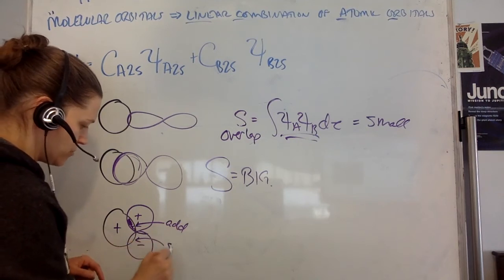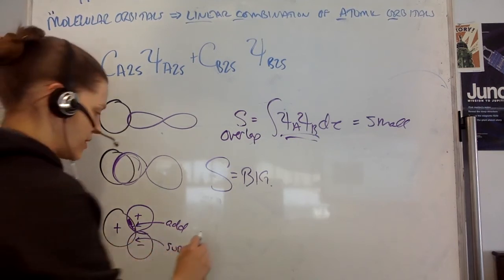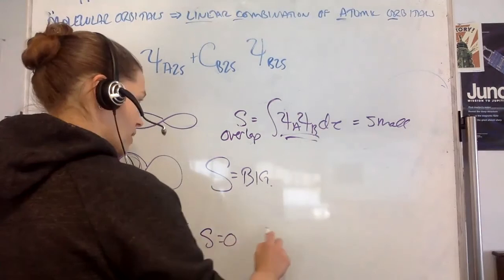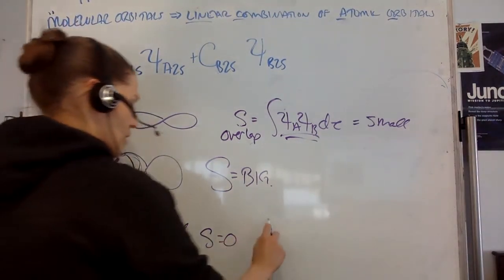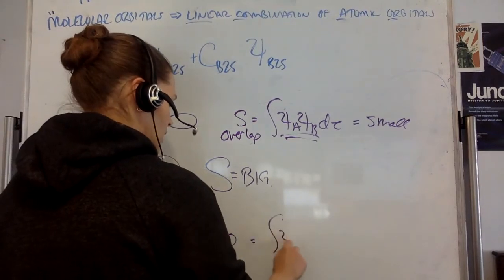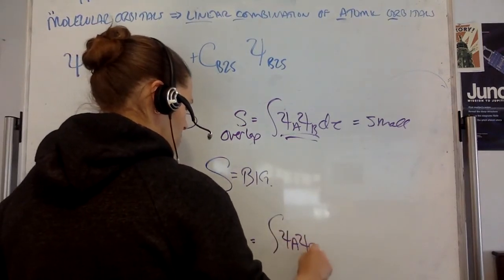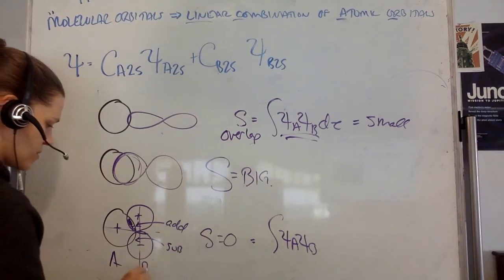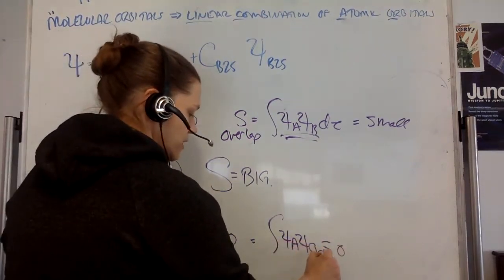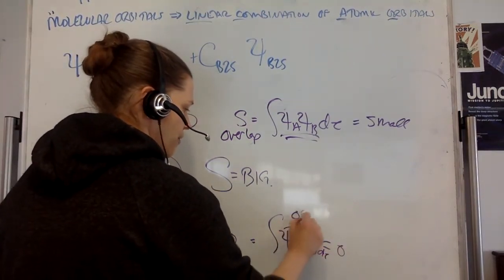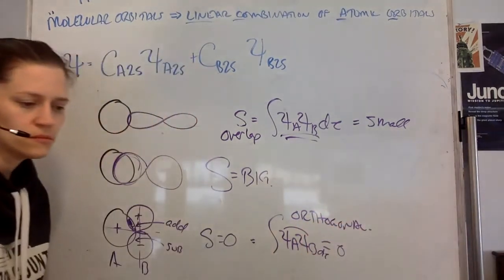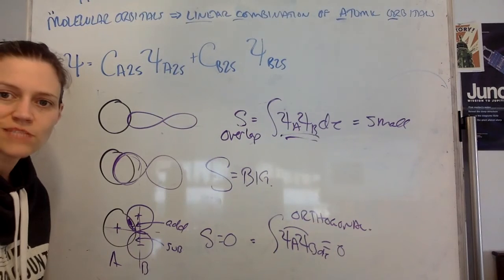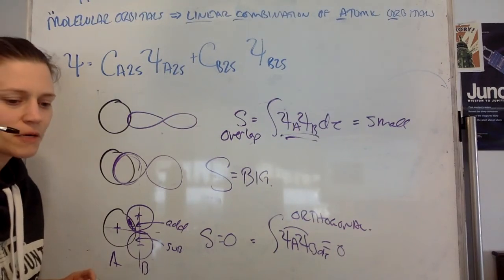Here is going to be subtractive, which means S equals 0, because what you have here is the integral of psi A psi B, where this is A and this is B, equals 0 d tau, because these are orthogonal. Go team. Sound good? Okay.